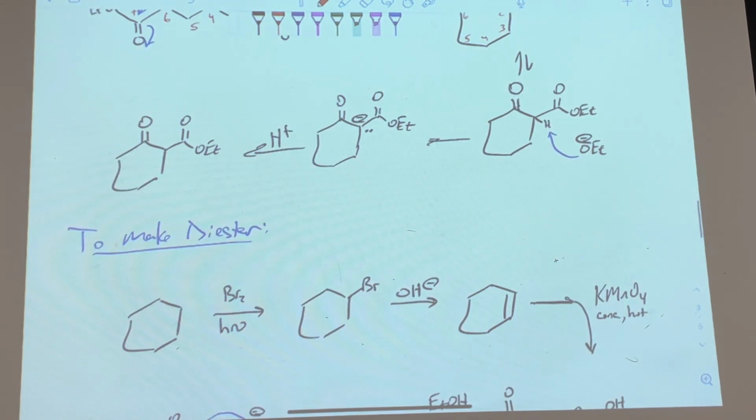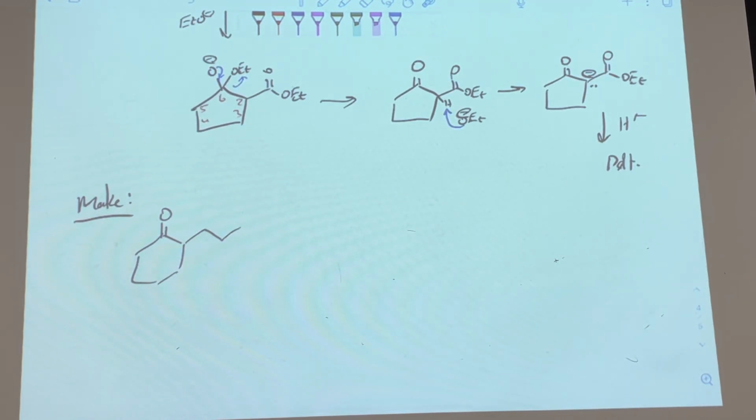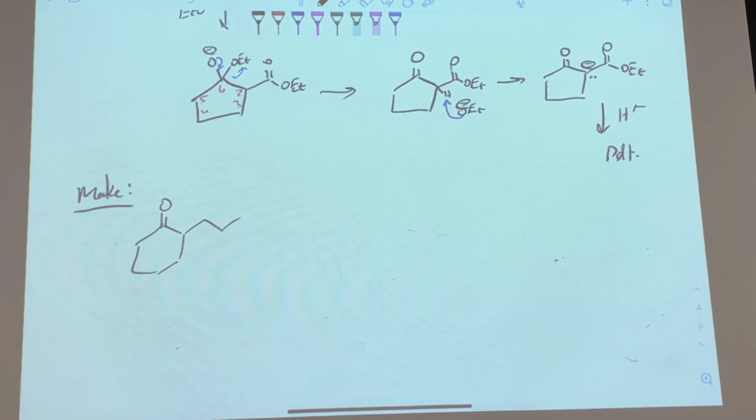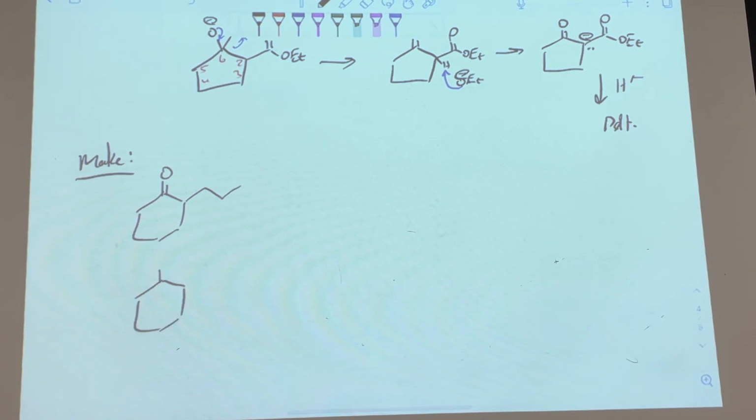But if we are trying to make this guy, I think it would be reasonable to use that Dieckmann product, that beta keto ester, as a starting material. Anybody have an idea of what we could do with this to start making our way towards this?